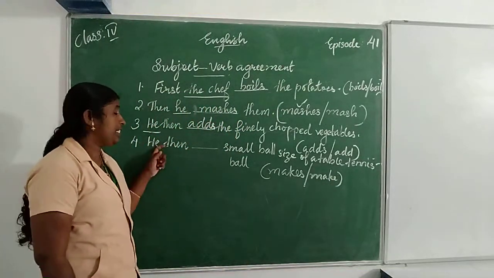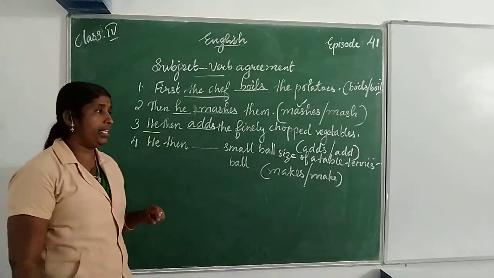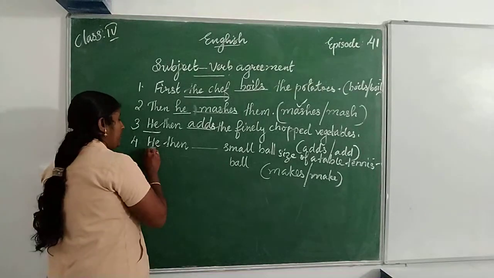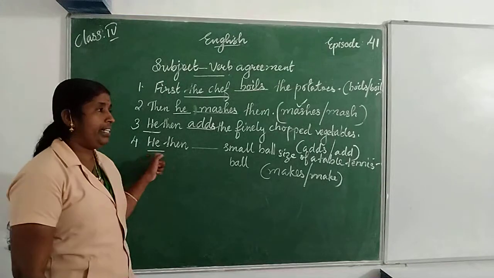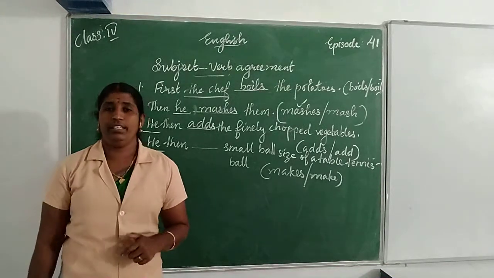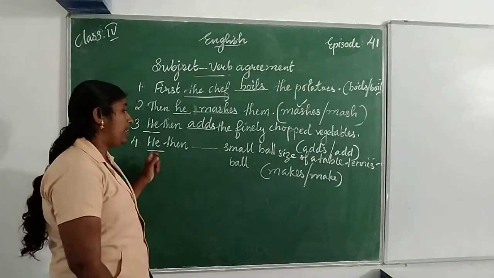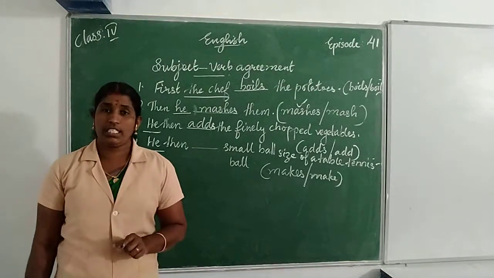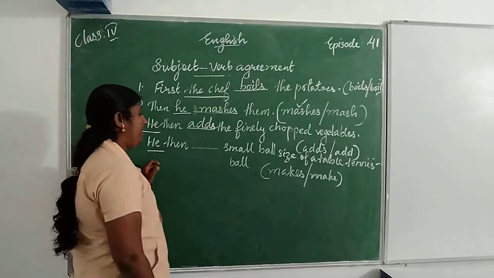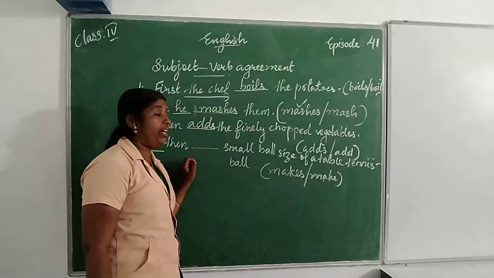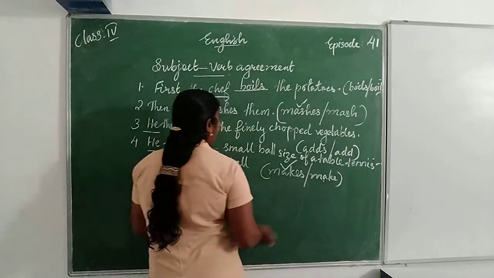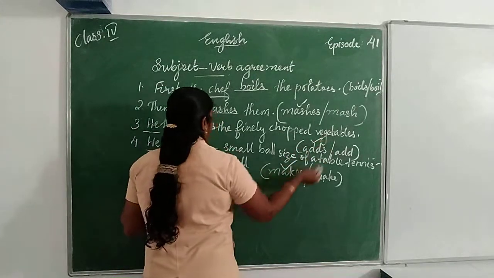Look here. Which is the subject of the sentence? The subject is he, and it is a singular subject. The verbs are makes and make. Which verb can we use here? Makes, M-A-K-E-S.